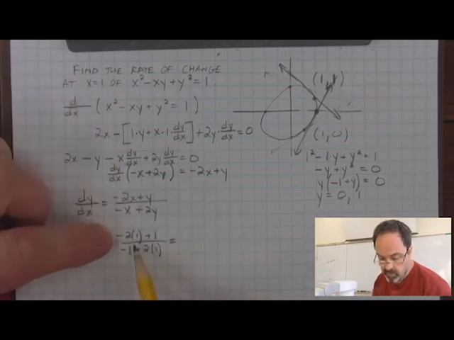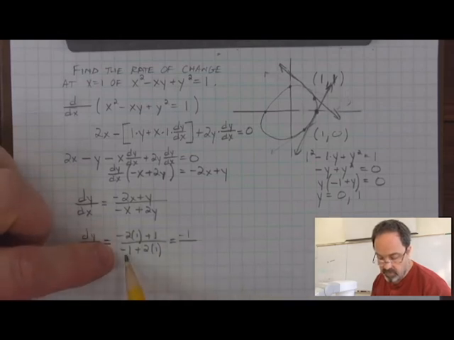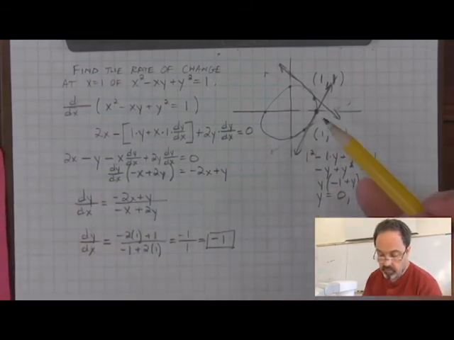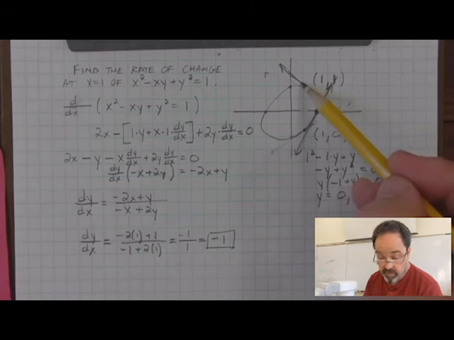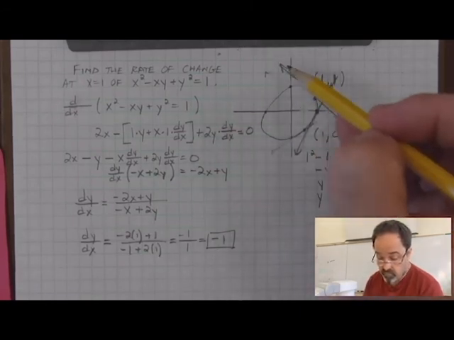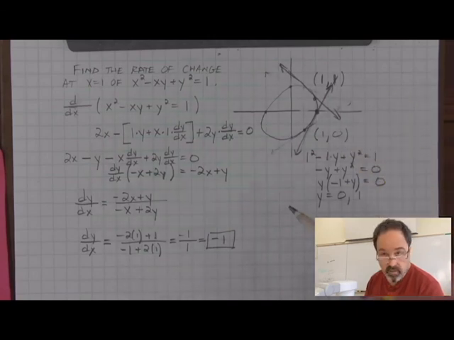Or simplified, negative 2 plus 1 is negative 1 over negative 1 plus 2 is positive 1, and that simplifies to be negative 1. The slope of one of my tangent lines is negative 1. And with this adjusted visual presentation, it kind of looks like it.